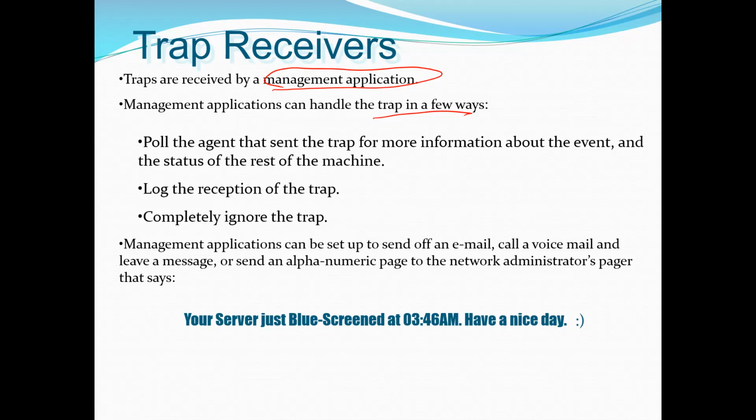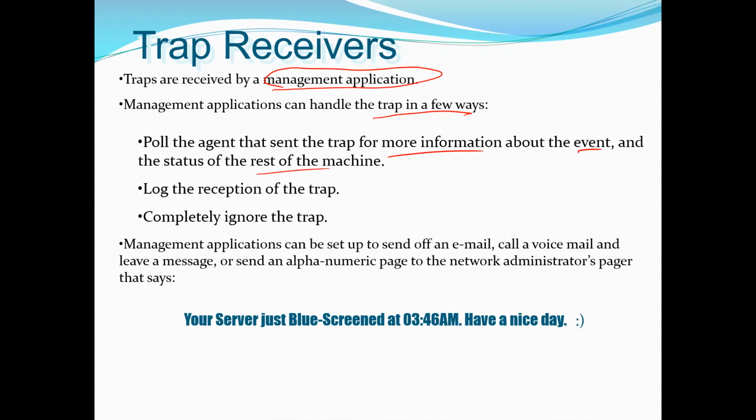All right, so the management applications can handle the trap in a few ways. They can basically receive the trap and then poll the agent that sent the trap for more information, right? So they can just say, okay, I just got a trap. Now I'm going to send out a GET to get more information about the event and the status of the rest of the machine. So they can do basically, okay, I just received the trap.